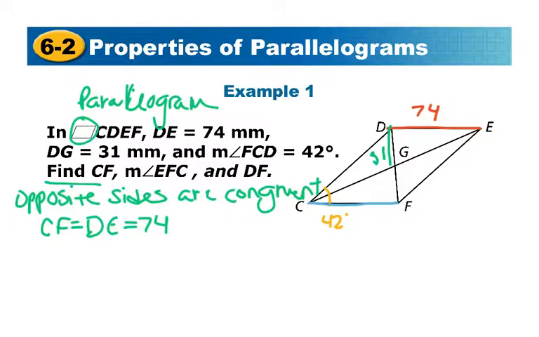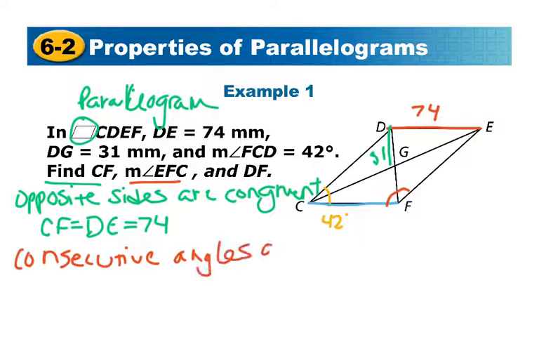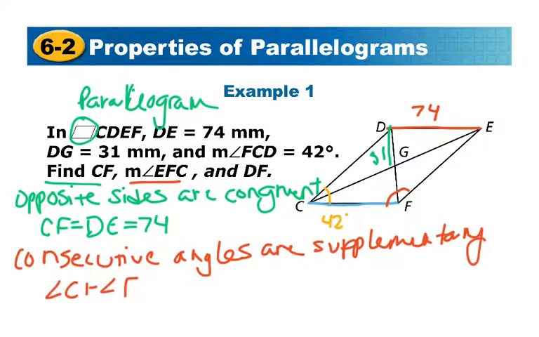Alright, the next one is EFC, this angle here. It turns out that consecutive angles are supplementary. And so that means that angle C plus angle F is supposed to be 180 degrees.